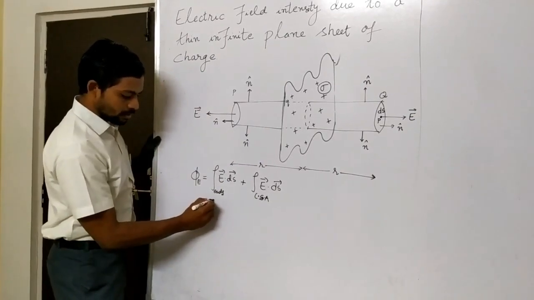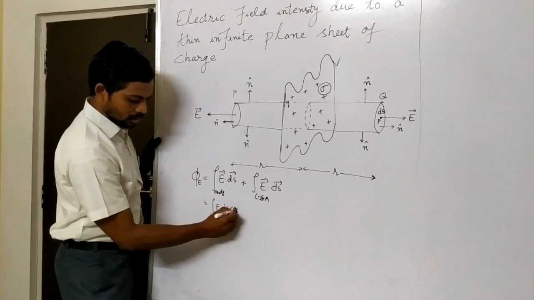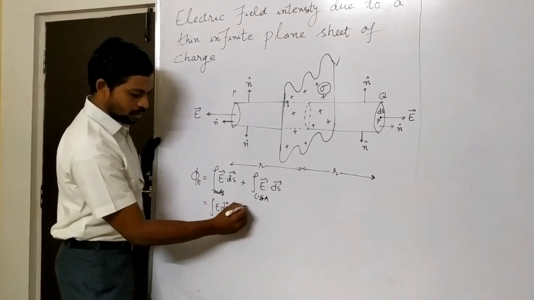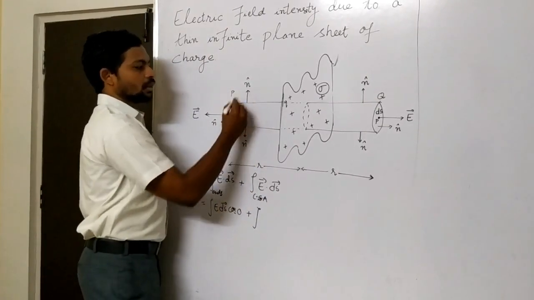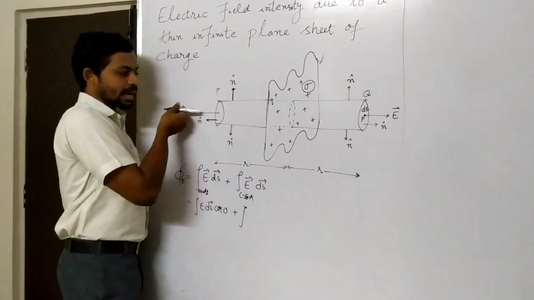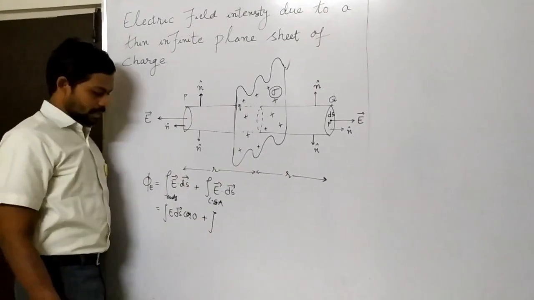So I'll write here E ds cos 0 plus, now for the curved surface, the area vector is acting in this direction, and electric field intensity is acting in this direction. So what is the angle? It's 90 degrees.